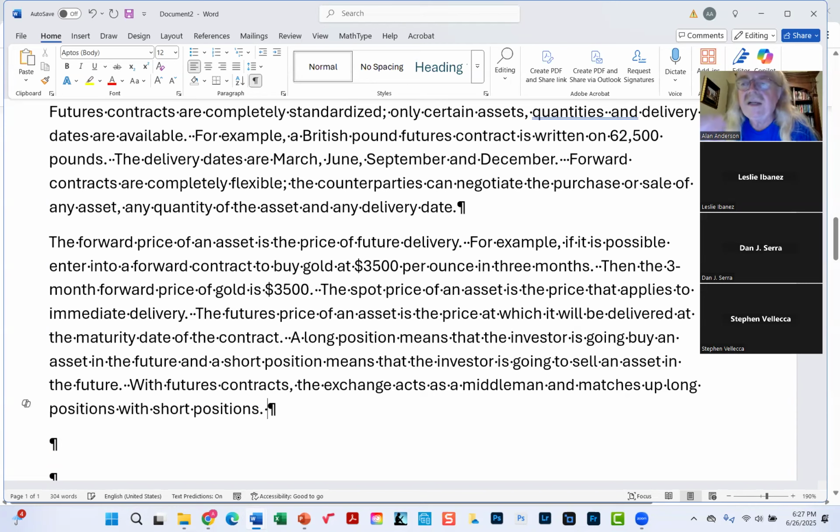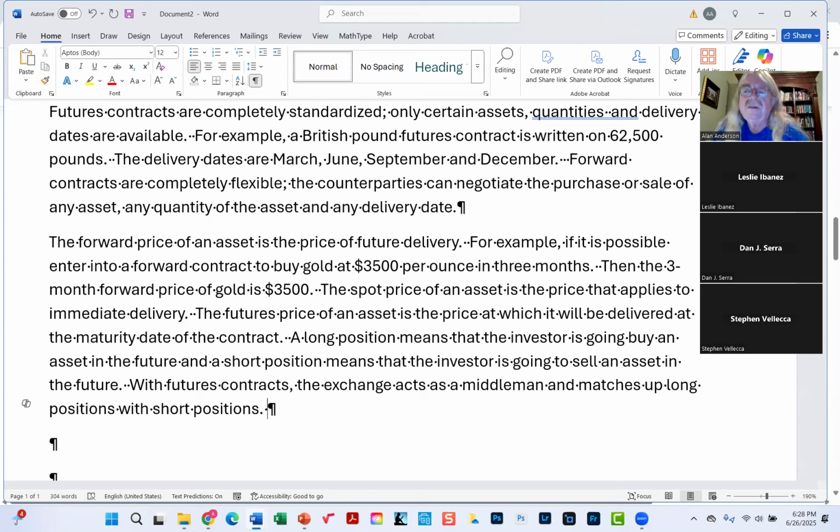In other words, if I'm buying, I go to the CME and I say, I need to buy platinum in September, they're going to have to go out and find somebody else out there who wants to sell it. And then behind the scenes, without my knowing about it, they've hooked me up with a seller who might be some metals dealer. And so when I buy, they deliver. I never see this side of it. The CME takes care of everything. So it's because nobody necessarily wants to be known to the counterparties, whereas with the forward contract, of course, you know who you're dealing with.